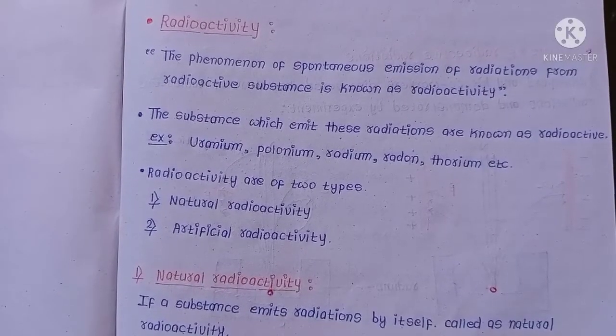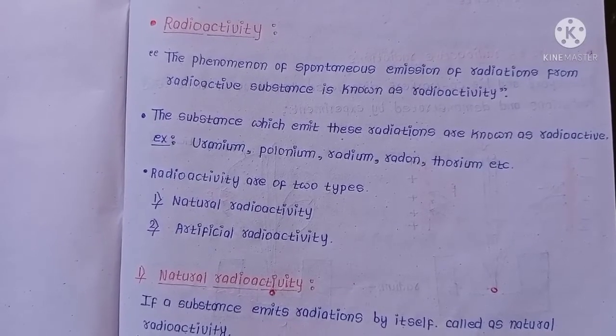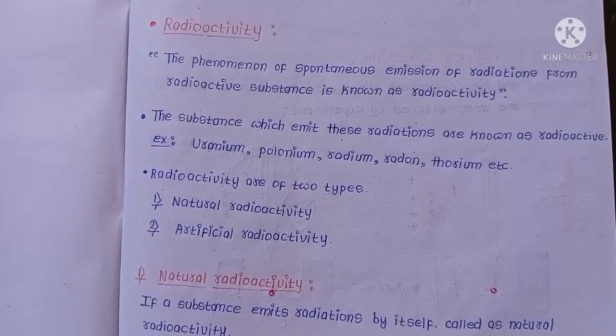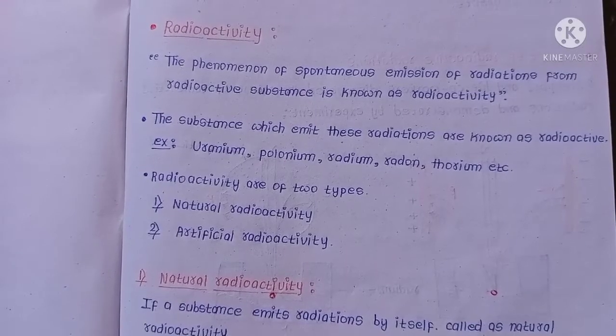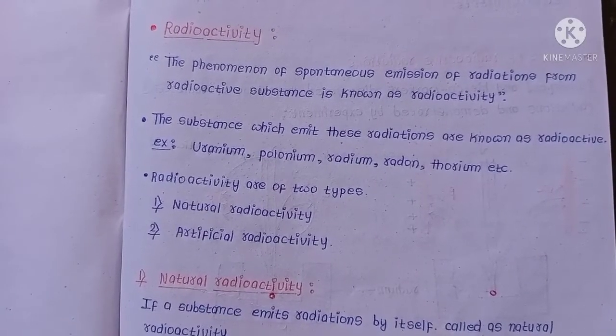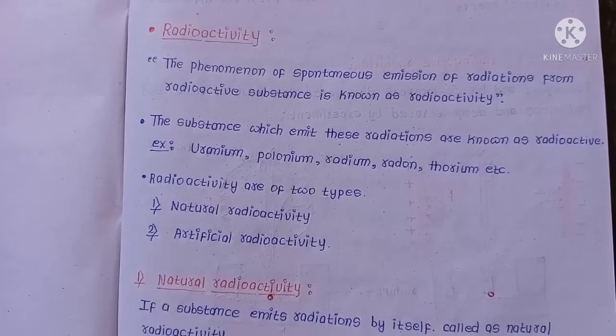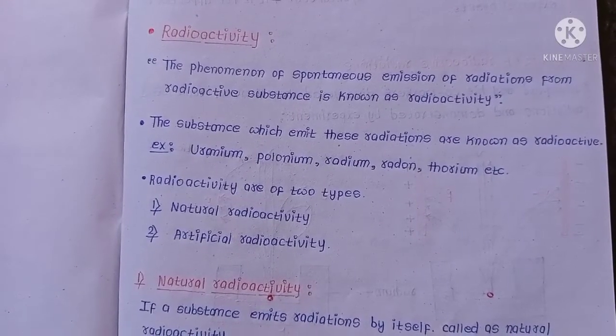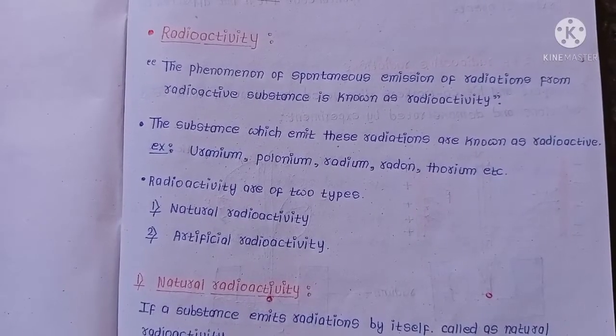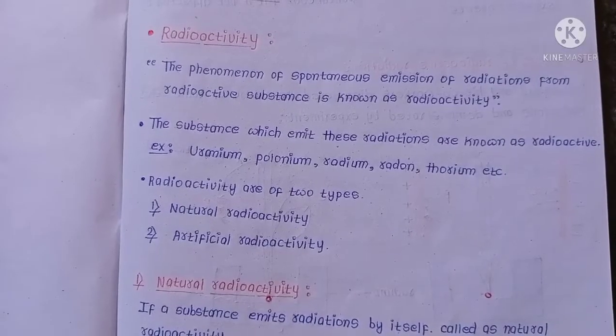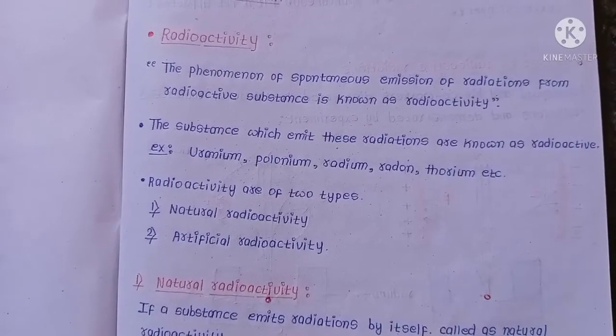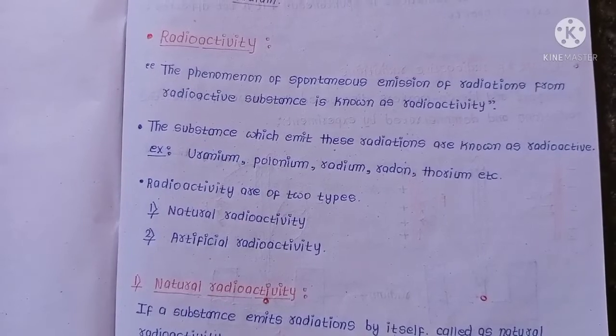Next one is radioactivity. Radioactivity is the spontaneous emission of radiations from a radioactive substance, and the substance which emits the radiation is known as a radioactive substance. Some examples of such radioactive substances are uranium, polonium, radium, radon and thorium.